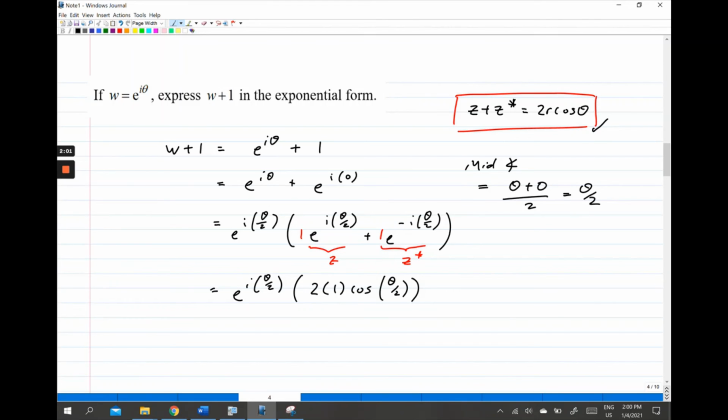As you can see, this entire part is without any i, so actually this is your new r. So if I move this forward, this is 2cos(θ/2) e^(iθ/2). So actually you are done with the question, because this is your r, and the argument of this new complex number is θ/2.